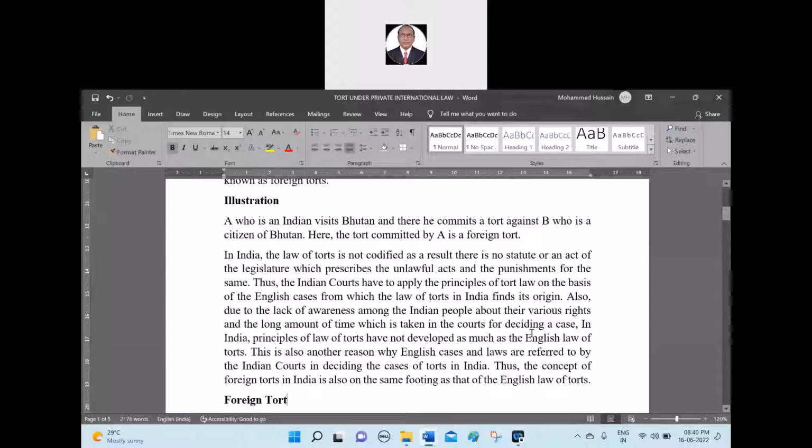2 into 2 is 4. Is it only true in Moshi? Not true in Mwanza? Not true in India? Not true in Japan? 2 into 2 is 4. In Kenya, it is 5? 2 multiplied by 2 is 4. Is it 5 in Kenya? 6 in Uganda?